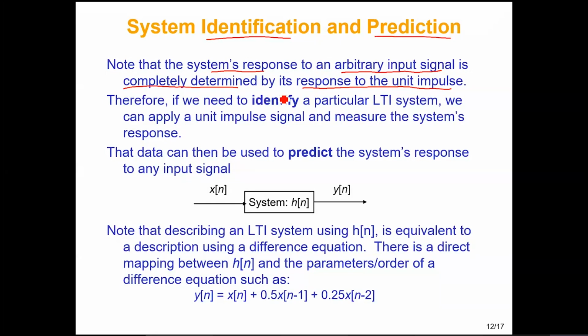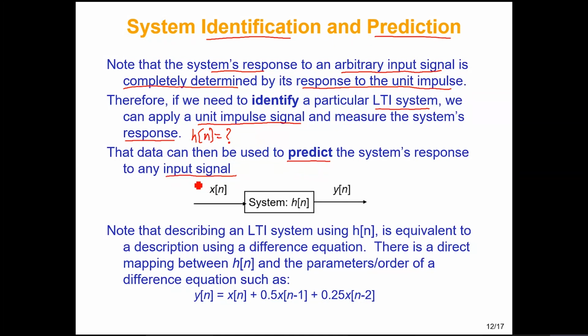So if we need to identify how a particular LTI system behaves, all we need to do is to apply a simple unit impulse signal and measure the system response. In other words, all we need to do is give delta n as an input and find out what is h of n. Once we have found h of n, that data can be used to find out or predict the system's response to any input signal.